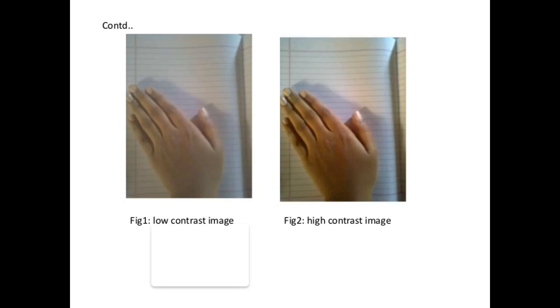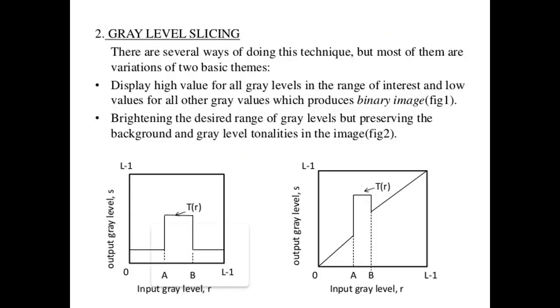With s1 equal to 0 and s2 equal to L minus 1, you will get a straight line like this. So this is L minus 1, let us take this as s2. This is s1 which is 0, s2 is equal to L minus 1, r1 is equal to r2.